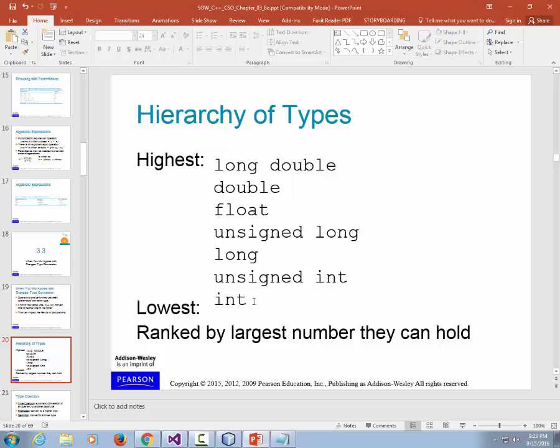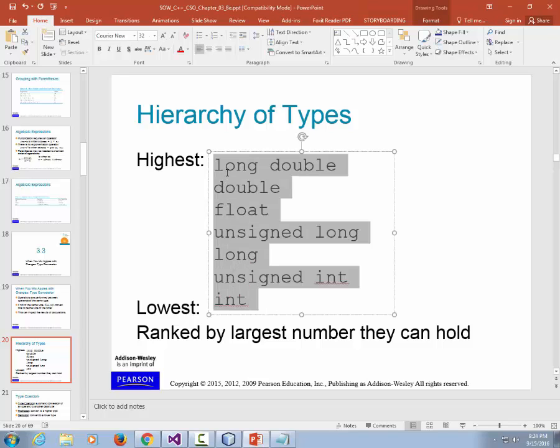If you do an int and a long, the int gets upgraded. It gets promoted up the scale to be a long. If you mix a float and a long double, then the float gets upgraded to the long double. So that's called promotion. And the computer will do promotion automatically whenever you have operands of mixed types.